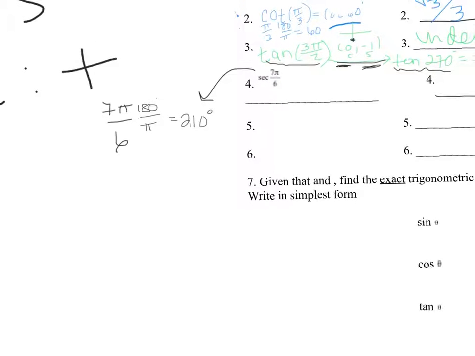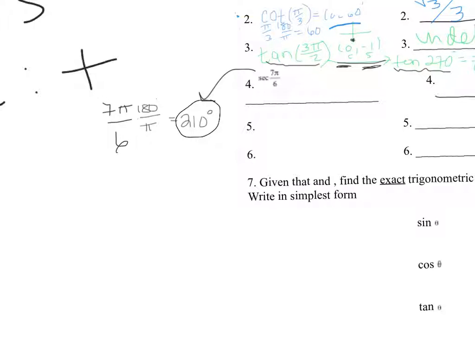Okay, so for number 4, we see secant of 7 pi over 6. So I first convert 7 pi over 6 to degrees. I prefer working with degrees, and I know it's 210 degrees. Now, when you go to the unit circle, we need to work with sine, cosine, or tan. So the reciprocal of secant is cos. So we're going to go to the unit circle, and we're going to look for the cos of 210 degrees.